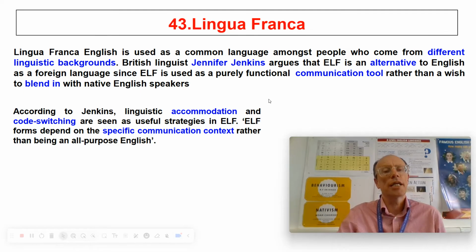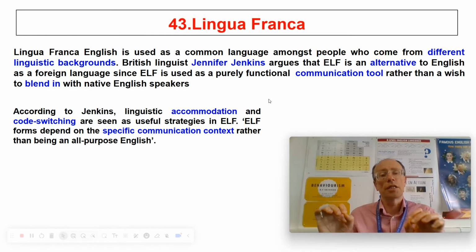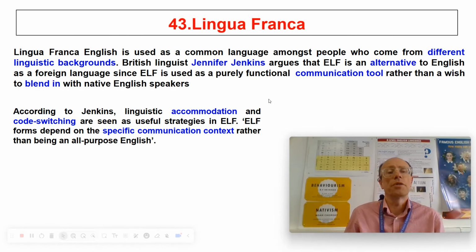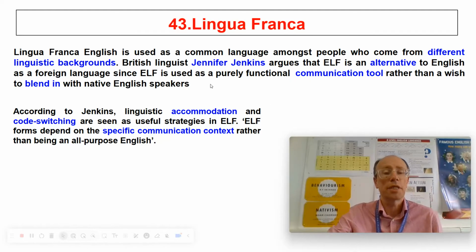According to Jenkins, in English as a lingua franca you've got more linguistic accommodation going on, and you've certainly got code switching, so switching between English and native languages is very common. She says English as a lingua franca forms depend on the specific communication context rather than being an all-purpose English.